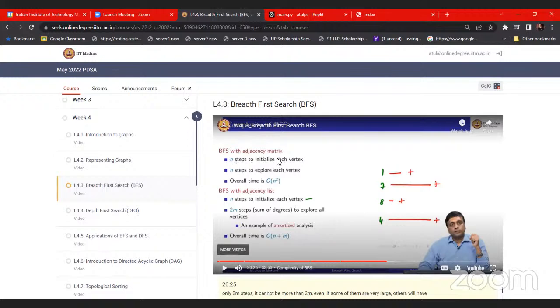So BFS with adjacency matrix: n steps to initialize each vertex, and 2m steps, sum of degree, to explore all vertices. Overall time is n plus m. So this is fine.